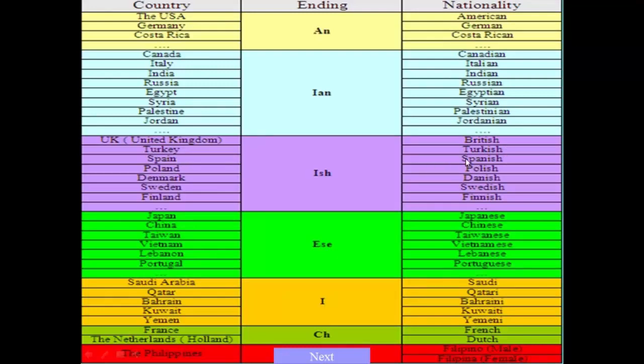Spain, Spanish. Poland, Polish. Denmark, Danish. Sweden, Swedish. Finland, Finnish. Okay? And not to confuse Finnish with the word finish as in to end something, okay? This has a double N in it, okay?